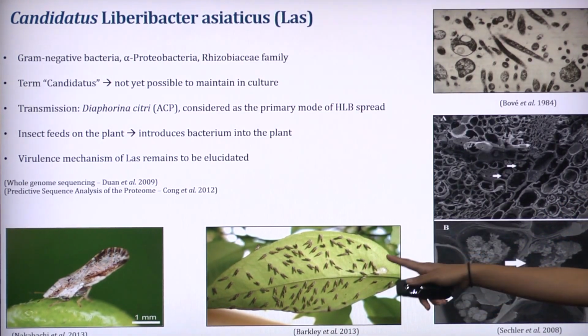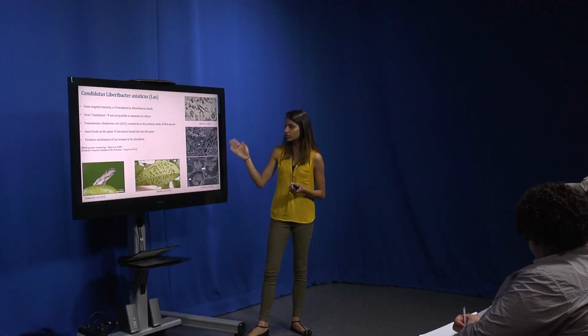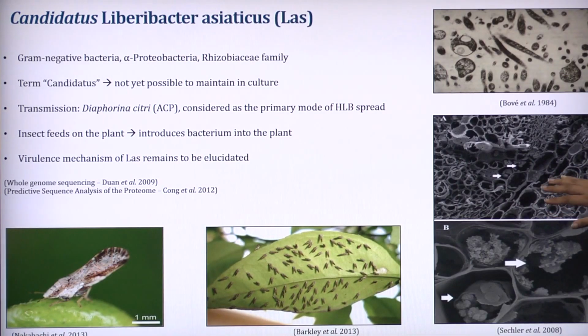Here you can see there are many psyllids feeding on the leaf. It introduces the bacterium into the plant's phloem tissue, and you can see that there is blockage of the phloem tissue due to the spread of the bacterium inside the tissue.